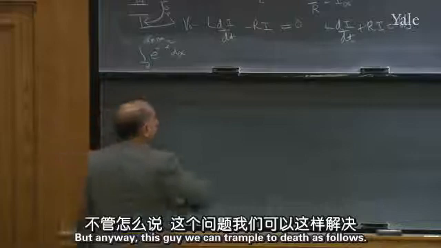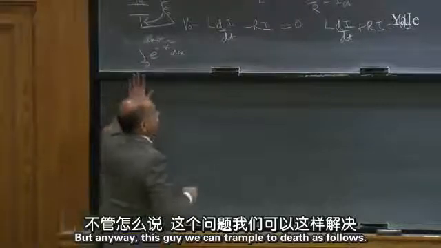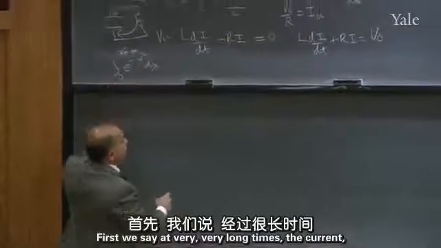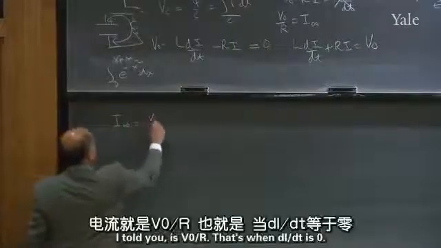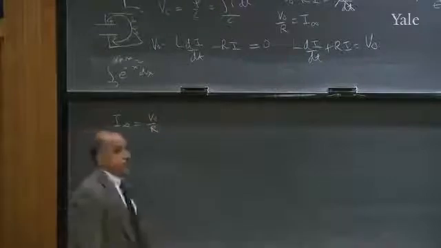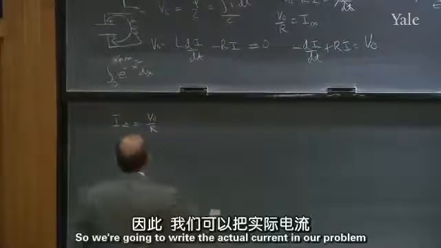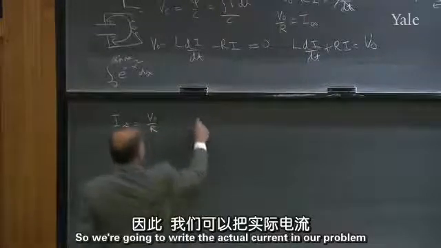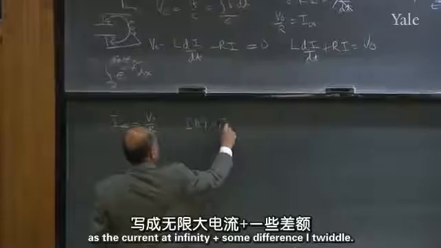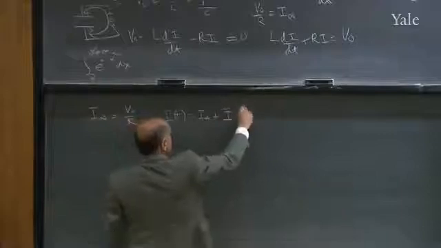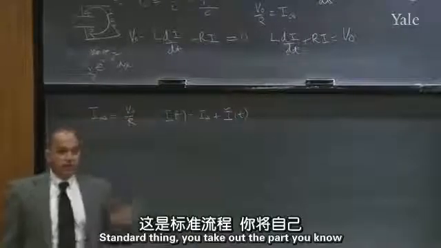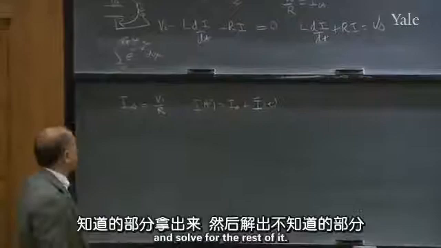Okay, anyway, this guy we can trample to death as follows. First we say, at very, very long times, the current, I told you, is V0 over R. That's when dI/dt is 0. So we are going to write the actual current in our problem as the current at infinity plus some difference, I twiddle. Standard thing. You take out the part you know and solve for the rest of it.